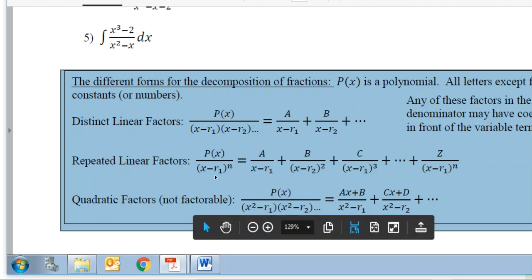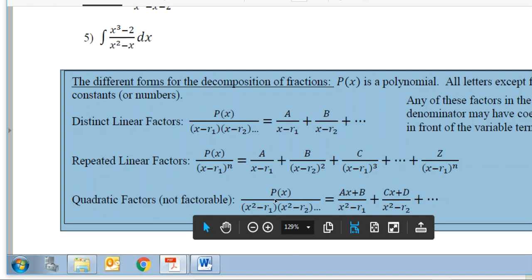If you have repeated linear factors, if you've got an x minus r1 to the second or third, you're going to have to repeat those factors: x minus r1, x minus r1 squared, x minus r1 cubed, all the way up to x minus r1 to the n power, with a letter over each one of those.